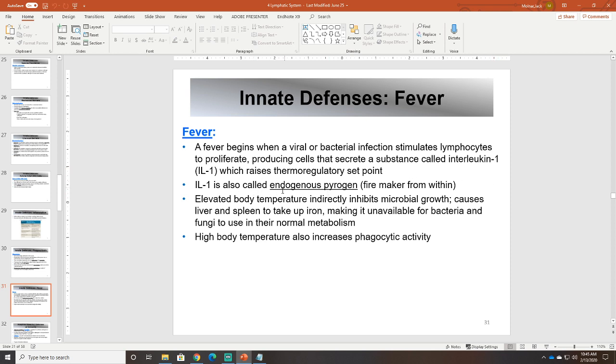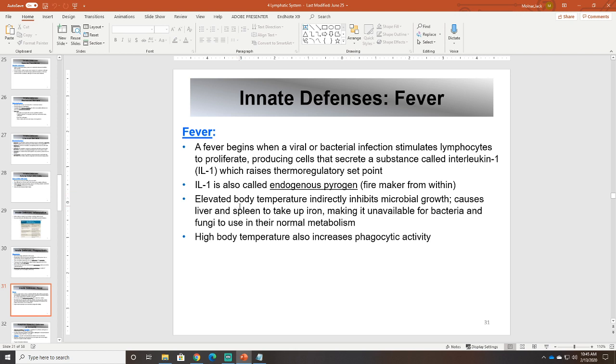Interleukin 1 is also called an endogenous pyrogen. So, pyrogen, fire maker, endogenous from within, which elevates the body temperature, and elevated body temperatures inhibit microbial growth. Okay. They cause the liver and the spleen to take up iron. Why?